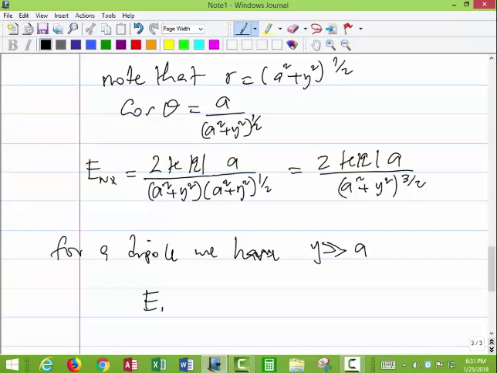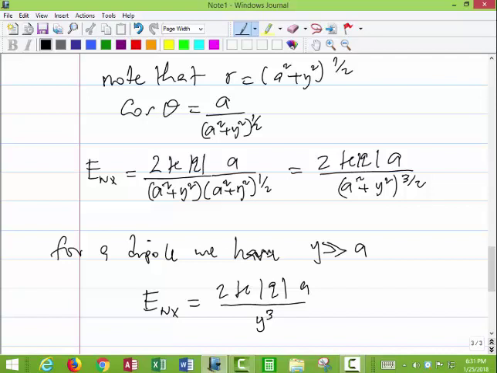So we can say E for the dipole is going to be 2kqa, and we're just going to have y cubed at the bottom. Because y is much greater than a, the denominator becomes just y squared raised to the power 3 over 2, which is just y cubed.